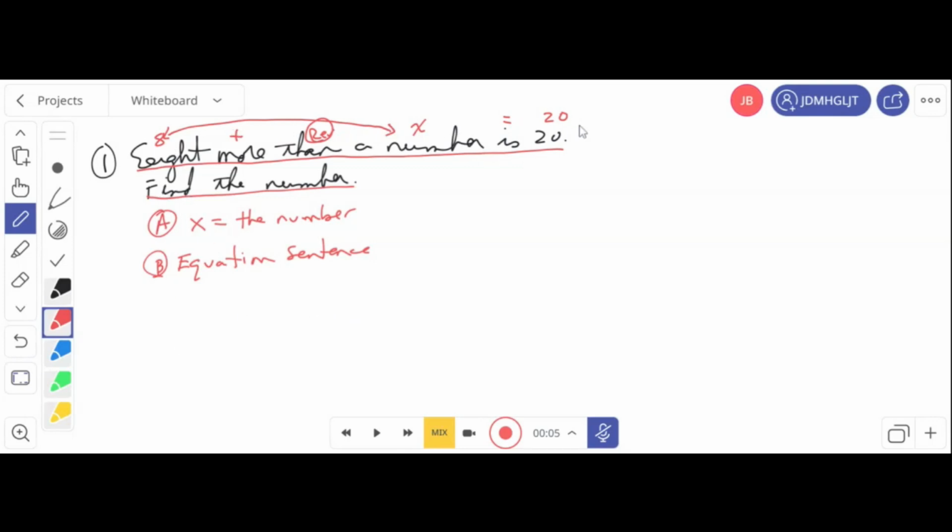So translating that into algebra, we would get x plus 8 equals 20. 8 and the x get reversed because of the reverse word than. Okay, so we start by identifying our variable. Next, we look for the equation sentence and translate.